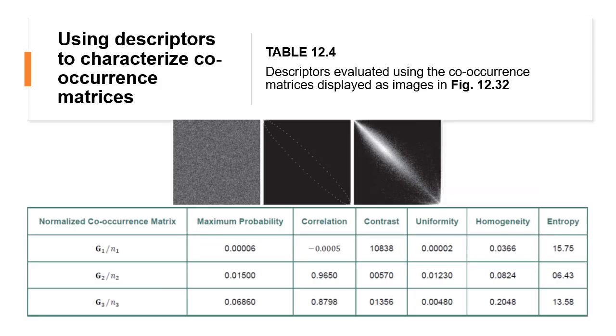Okay, here are some of the computed descriptors: maximum probability, correlation, contrast. We could see that for this object, the contrast is high. You could compare the values and then distinguish between object number 1, number 2, and number 3.